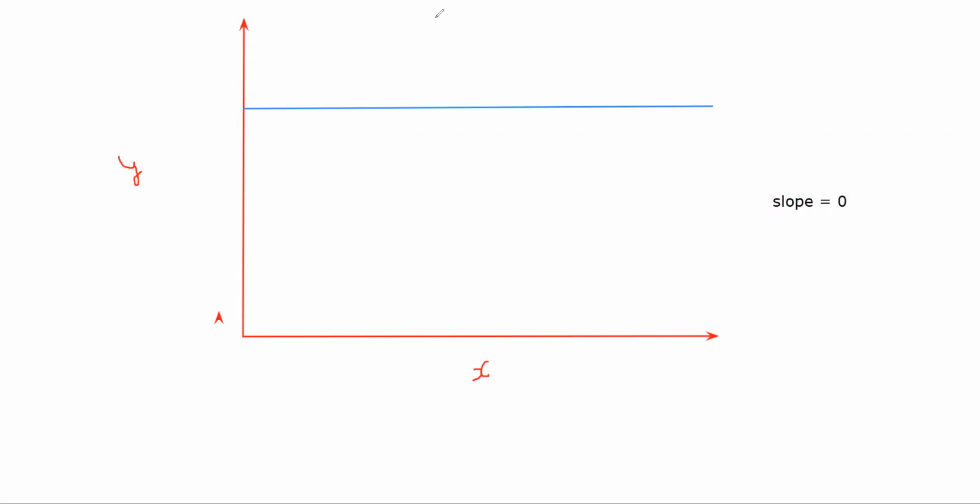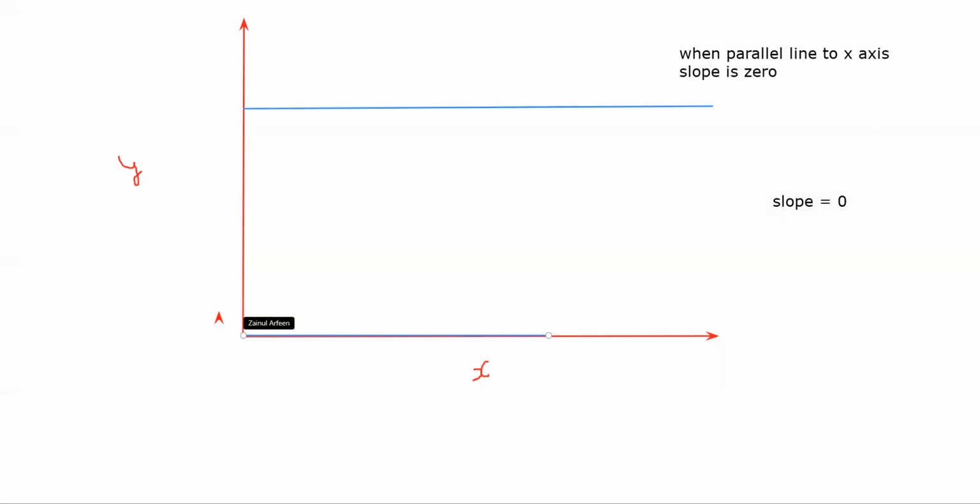Because it is not making any angle with x-axis. So when parallel line to x-axis, the slope is 0. So even if I draw a line on the x-axis, what will be the slope of this line?